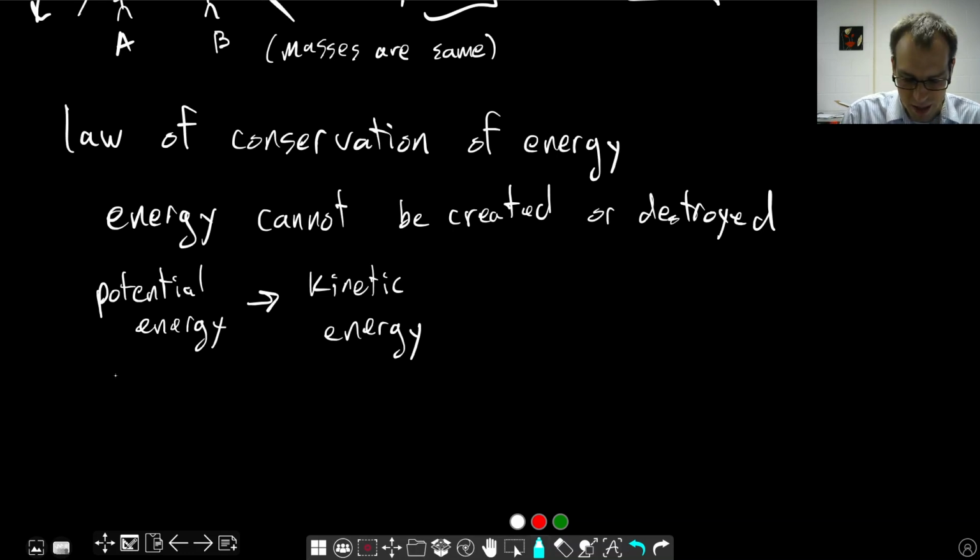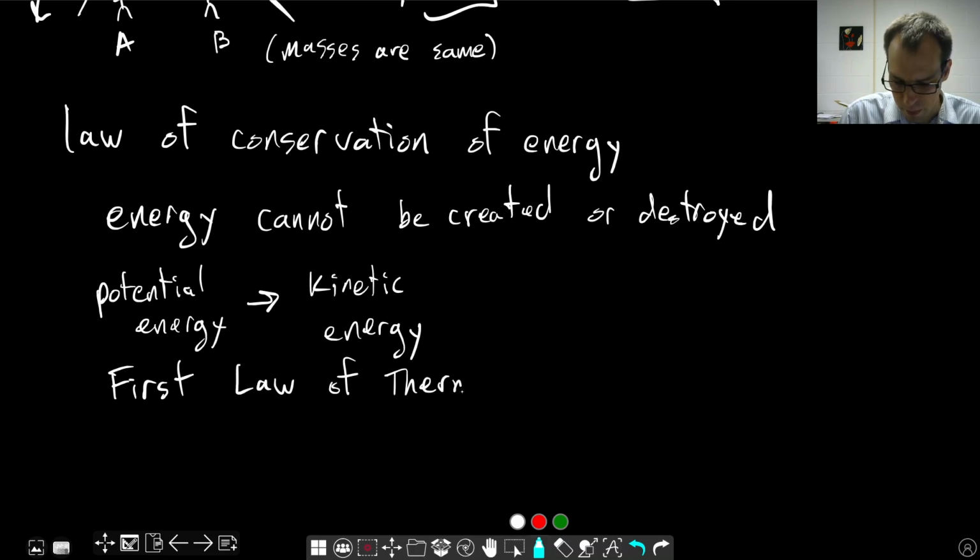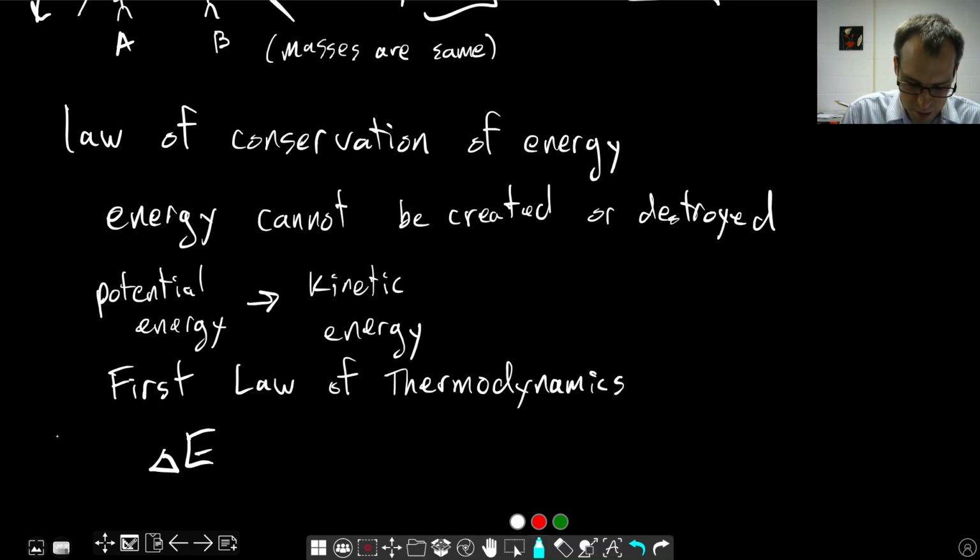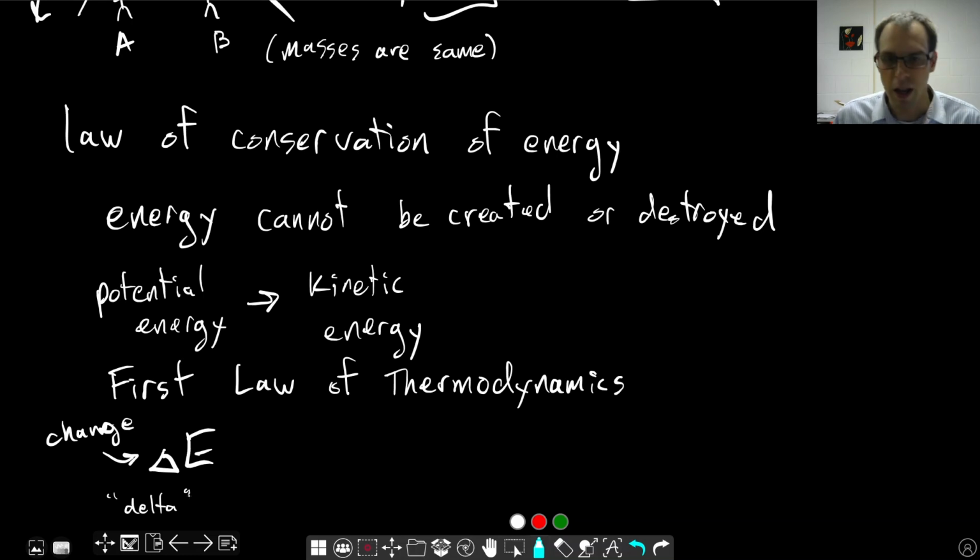One way we summarize this is in what's called the first law of thermodynamics. This states that any change in energy, where we'll denote energy as E and use the symbol delta, the Greek letter delta, which means a change, a change in energy, delta E, can only take two forms.